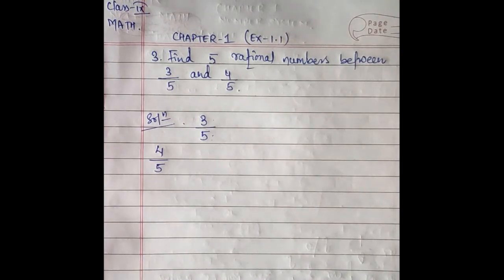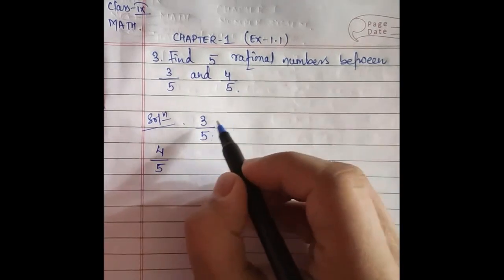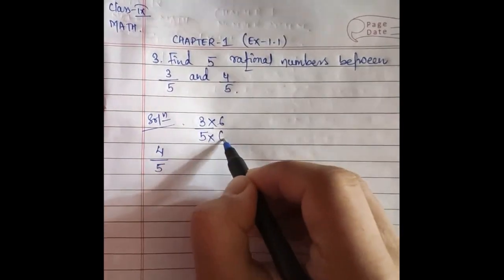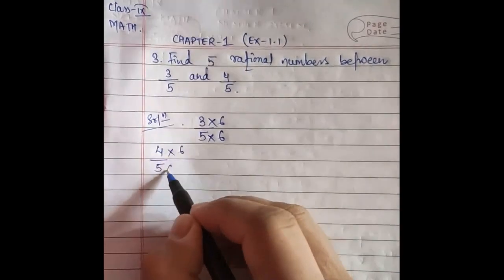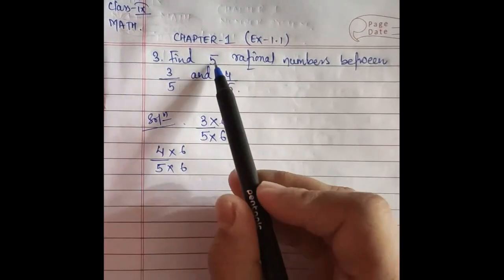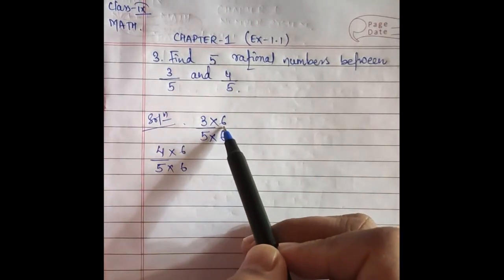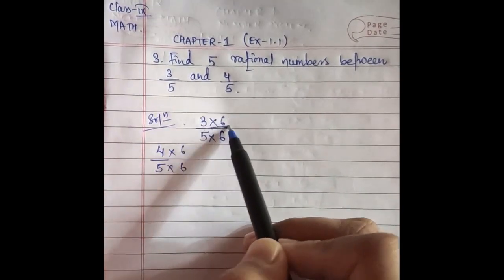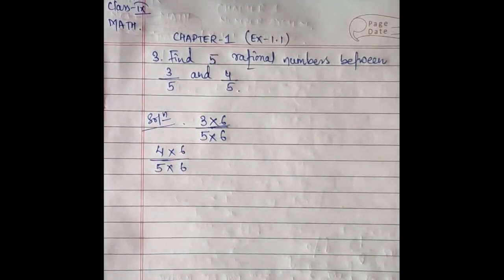If in number 2 there were 6 rational numbers, I multiplied by a number greater than 6, that is 7. So here I am going to multiply both sides by 6, because 5 rational numbers you have to find, so I multiply by a number greater than 5, that is 6. You can multiply with 7 or 8 also, but it should be greater than 5.